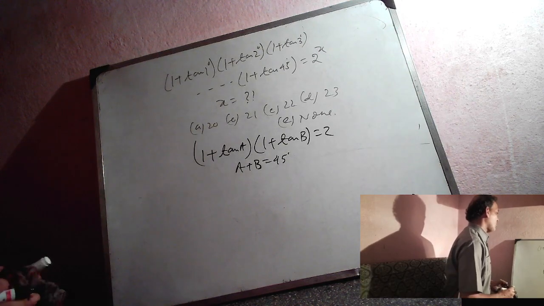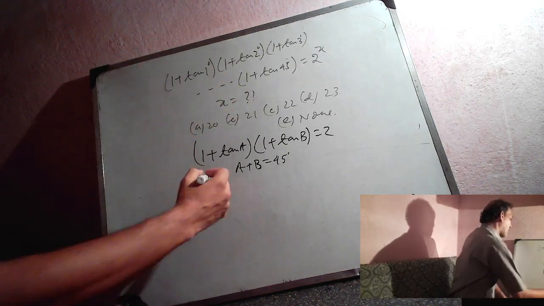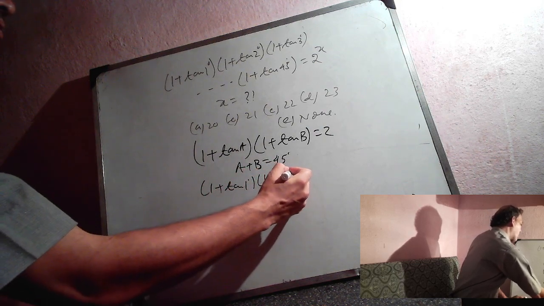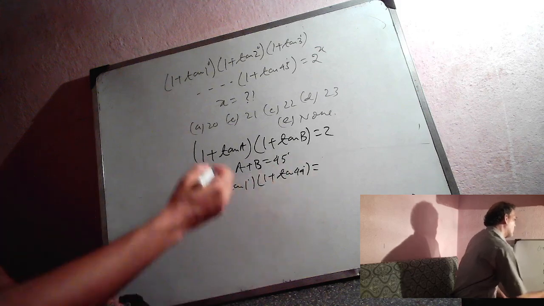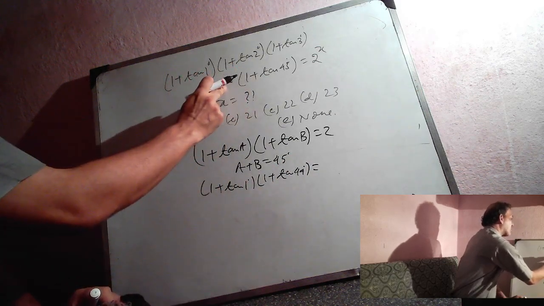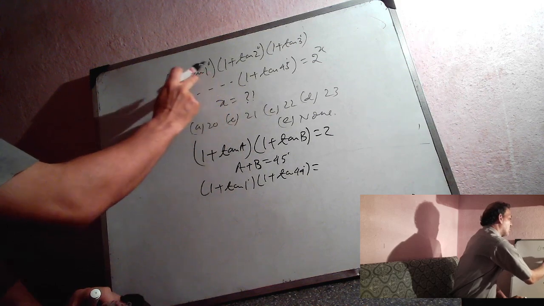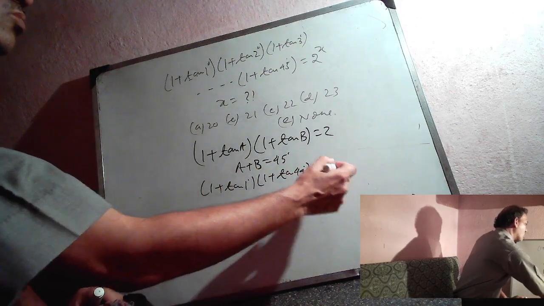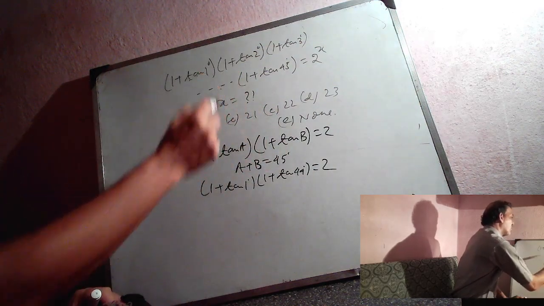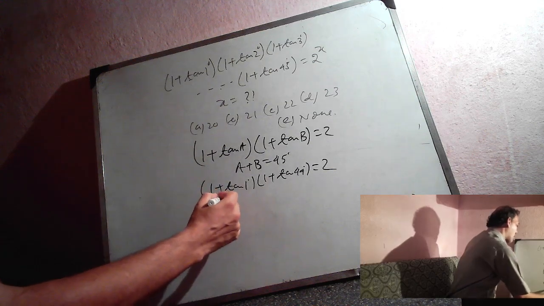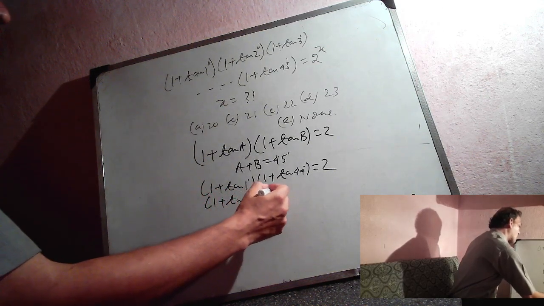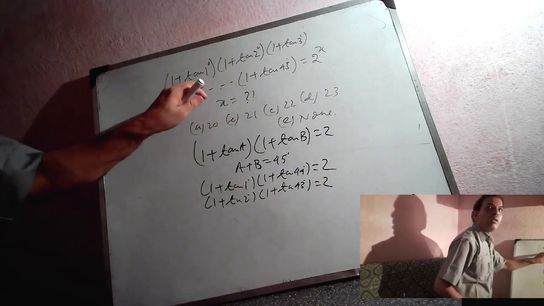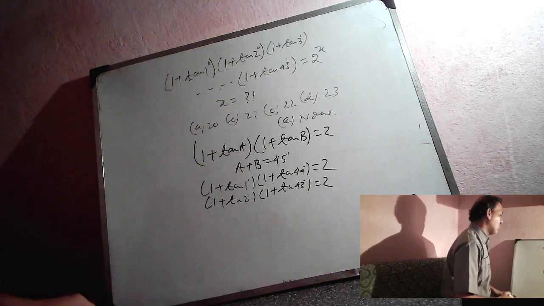Now (1 plus tan 1 degree) into (1 plus tan 44 degree) equals 2. Multiplying with its previous term, 1 plus tan 45 degree, we will have this into this equal to 2. Similarly, 2 and 43 will also give 2: (1 plus tan 2 degree) into (1 plus tan 43 degree) is also 2.